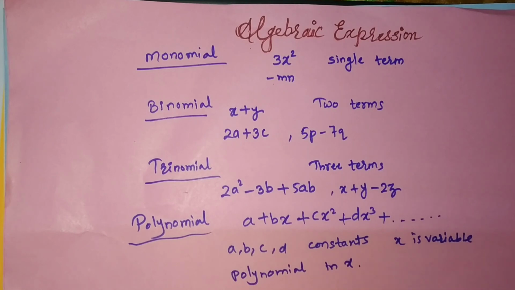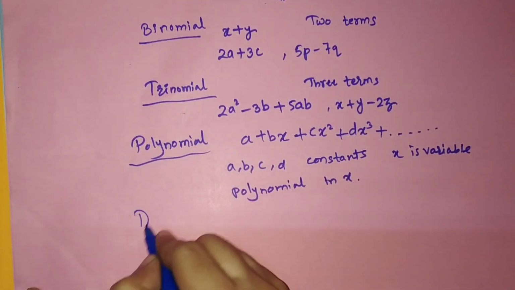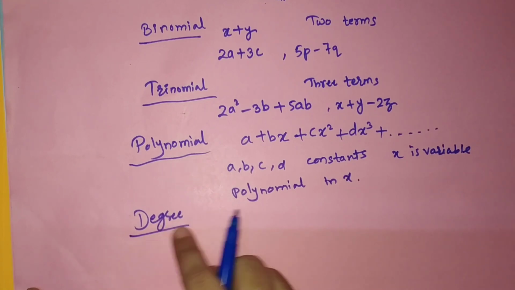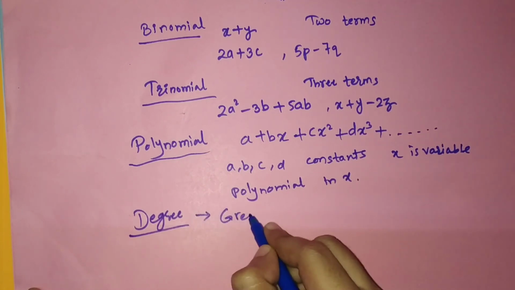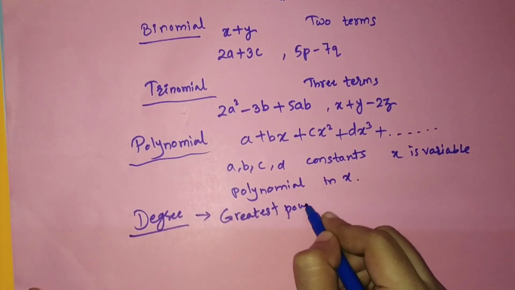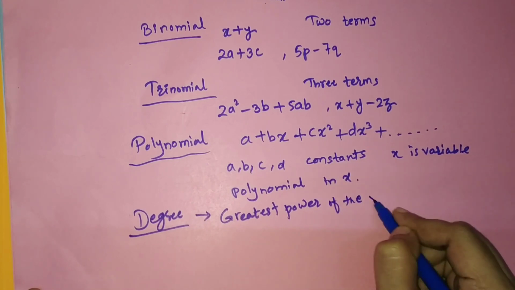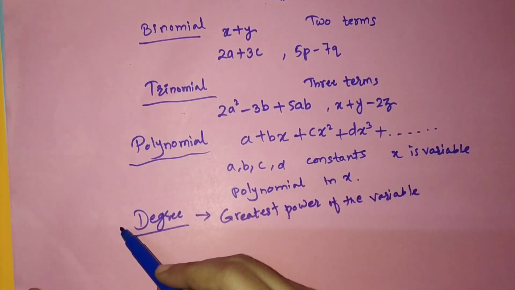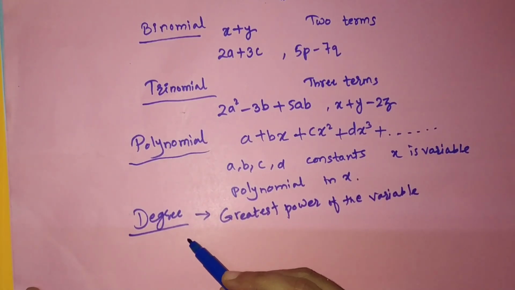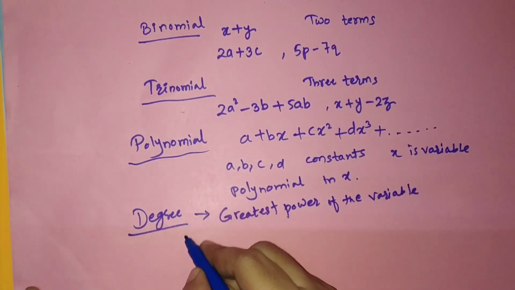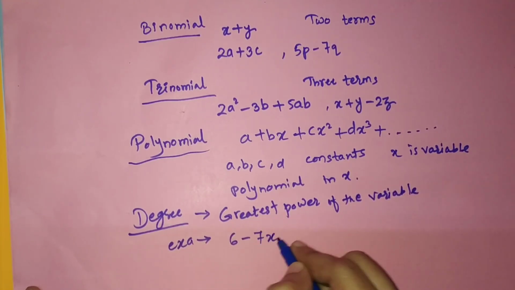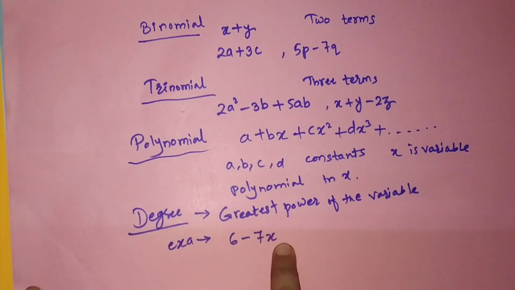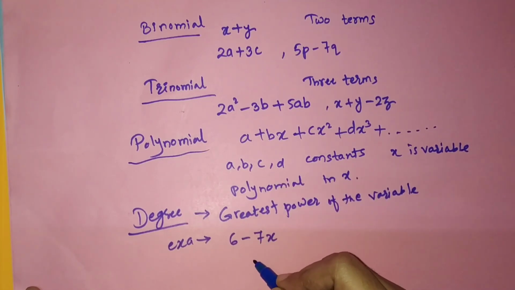And here one thing I would like to tell you about is the degree of a polynomial. If you want to say what the degree of a polynomial is, you can say it is the greatest power of the variable which is present in the polynomial. For example, if I am speaking about 6 minus 7x, here friends you can see 1 and 2, two terms are there, so it will come under the binomial expression, and you can call it a polynomial also.